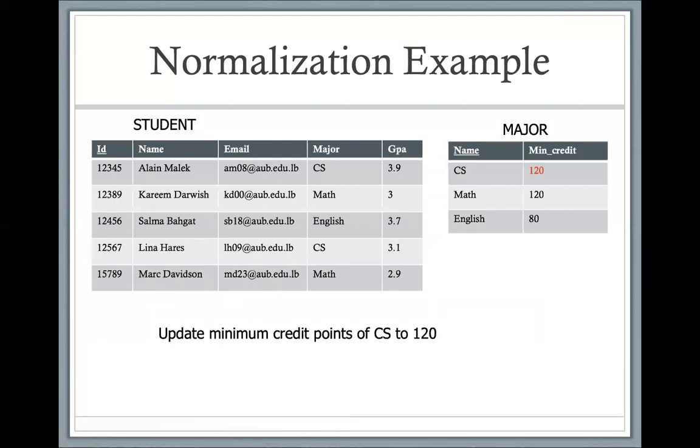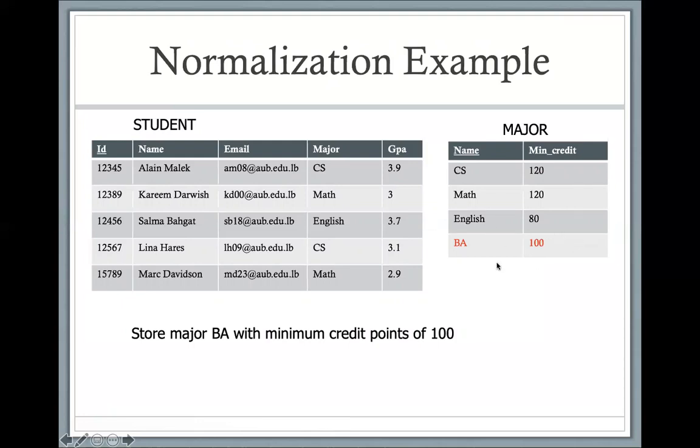Okay, so now once I have the table normalized into 2 tables, I can now easily update the minimum credits of any major without any problems, right? I only update it once because it appears only once. And then I can also insert a new major like BA. I don't know what BA stands for, but let's say a major called BA, and I can set its minimum credit, even though there are no students in this major.